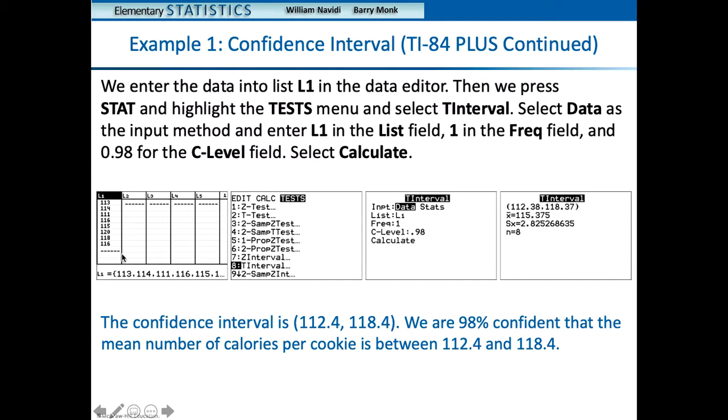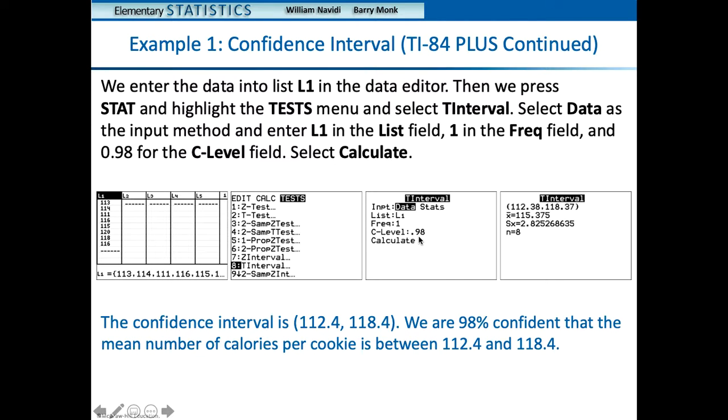After you've typed the numbers into L1, then you press the Stat button again, highlight the word tests, go down to T-interval, press Enter, and then you want to make sure the word data is entered. And then you should see a screen like this. In front of the word list, it should have an L1. Frequency should default to 1. You shouldn't need to change that. C level, put in your desired confidence level, which is 98%.